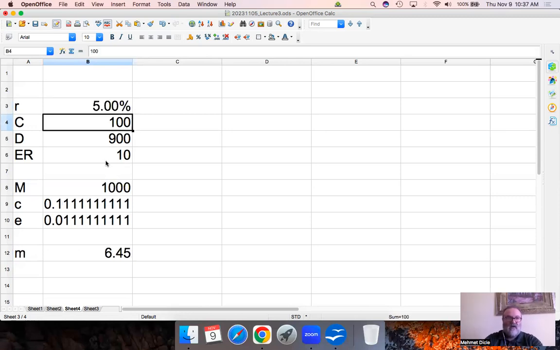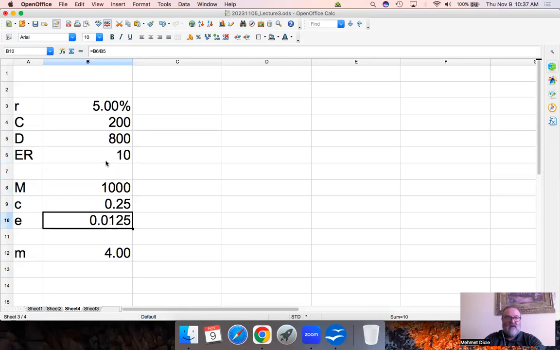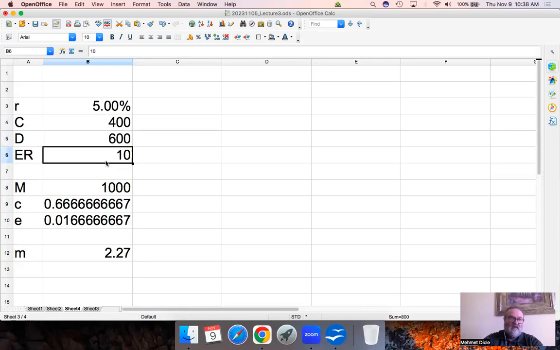That's 6.45. Now, let's keep more cash at hand as consumers, depositors, and less deposits. Notice how the money multiplier went down, right? So if we hold, say, 400 and then 600 as deposits, notice how the multiplier is incredibly lower now. So what else can affect this? The excess reserve, right?